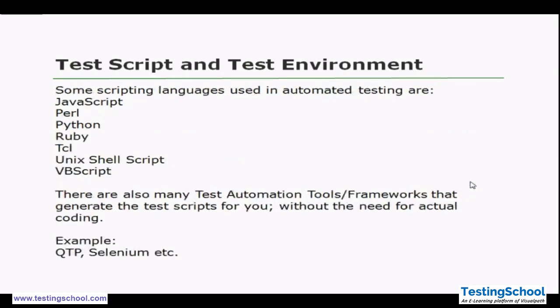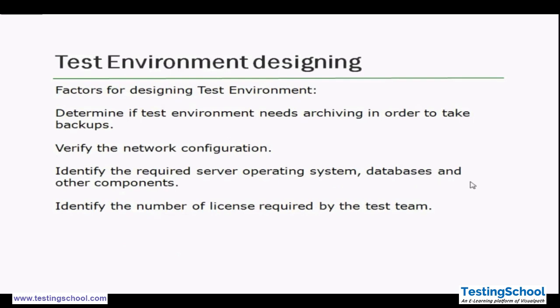Some scripting languages used in automated testing are Perl, Python, Ruby, Unix. There are also many testing tools available for the test environment, like QTP, Selenium. For performance testing, we have LoadRunner, JMeter, SOAP UI. So we have different automation tools for our testing. Now the test environment design.